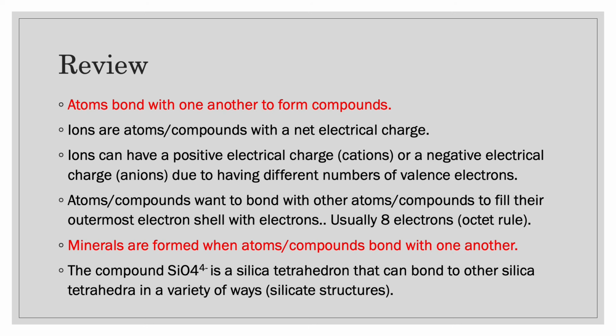And atoms and compounds want to bond with other atoms and compounds to fill their outermost electron shell with electrons, usually 8. That is the octet rule.